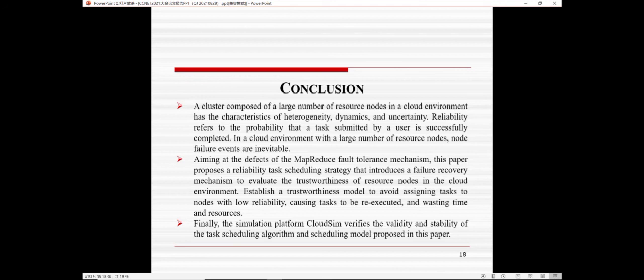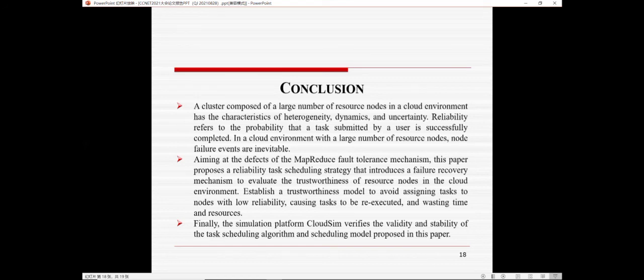Aiming at the defects of the MapReduce fault-tolerant mechanism, this paper proposed a reliability task scheduling strategy that introduced a failure recovery mechanism to evaluate the trustworthiness of the resource nodes in the cloud environment. It establishes a trustworthiness model to avoid assigning tasks to nodes with low reliability, causing tasks to be re-executed and wasting time and resources.